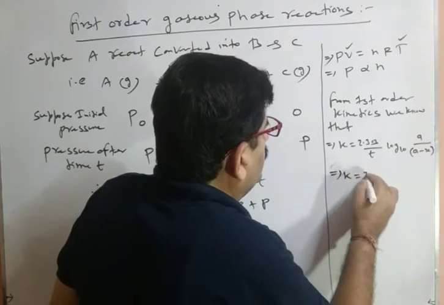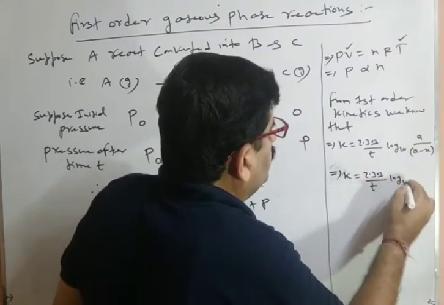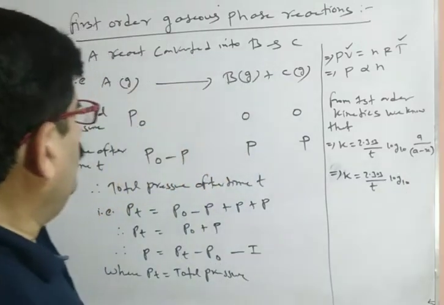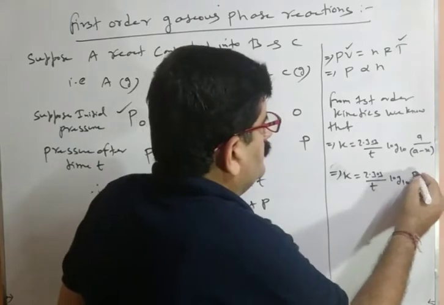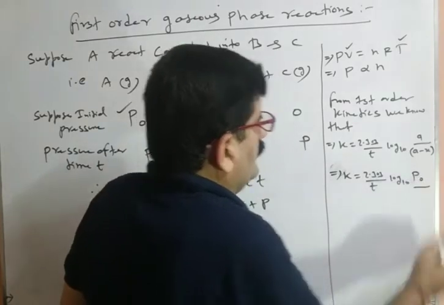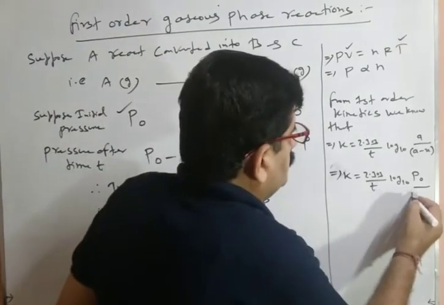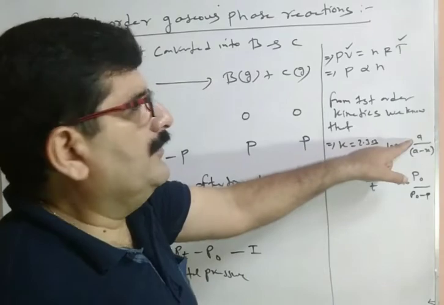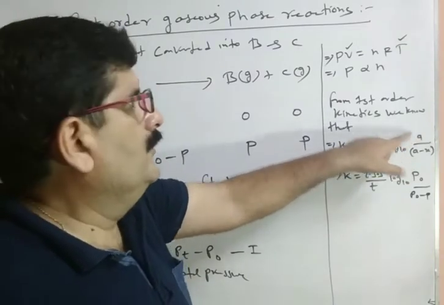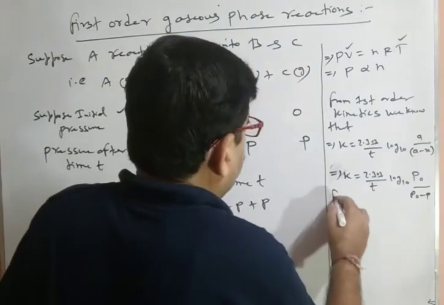Again we can write k is equal to 2.303 by t log base 10. Instead of a, we can write what? P naught. Here we can write P naught minus P. Because concentration, or you can say mole, is directly proportional to what? Pressure.